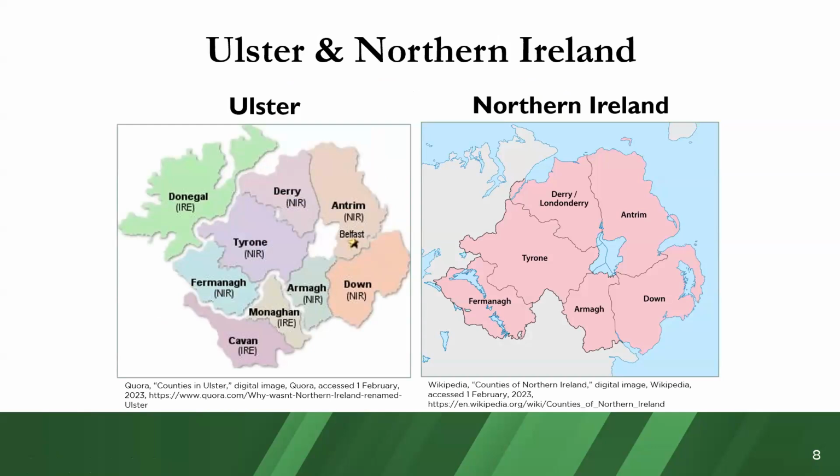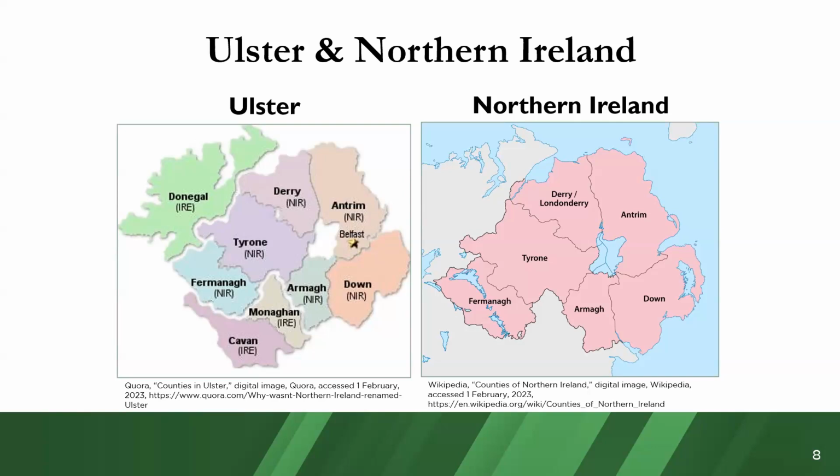To resolve that conflict, a treaty was written up and signed by all participants, giving the counties in Ulster the option of either going with the new Irish Free State or staying with the United Kingdom. Six of those counties in Ulster decided to stay with the English, and the other three went with the Irish. So basically, Northern Ireland is a political designation.